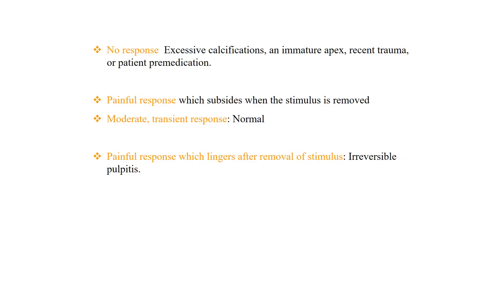A moderate transient response is indicative of a normal pulp. Now, a painful response even after removal of the stimulus is a strong indication of irreversible pulpitis. When pulpitis is irreversible, then the treatment plan is to go for an endodontic treatment.